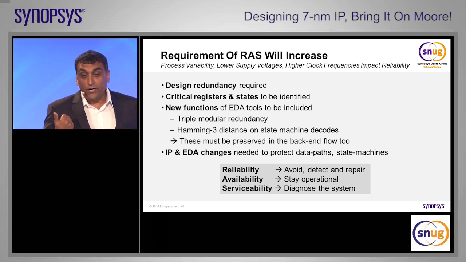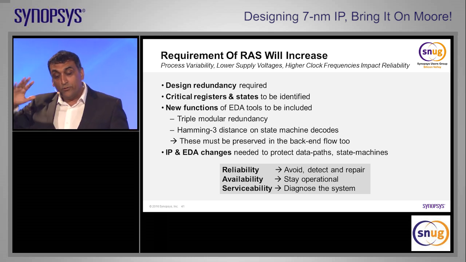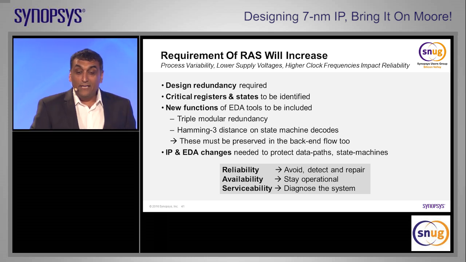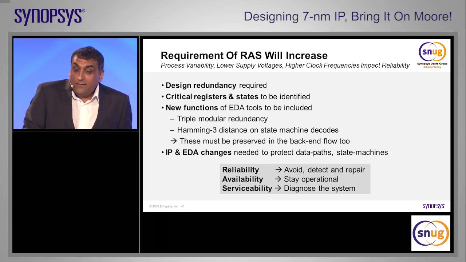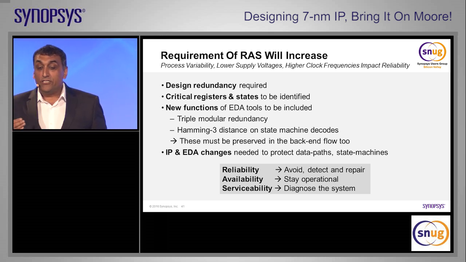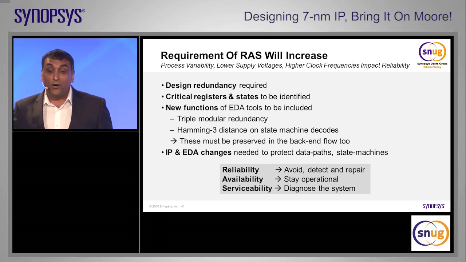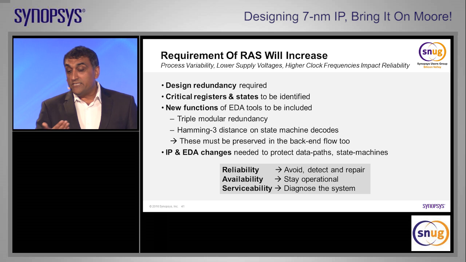You've got to identify your critical registers and states. And this is great because I work at Synopsys. We also have a big tools franchise. Our IP team can work with the EDA team and share some of the challenges that we see in the IP development to help enhance what's going on in the EDA world. And some of these things are included here.